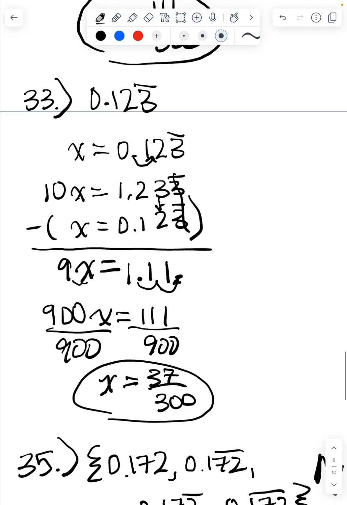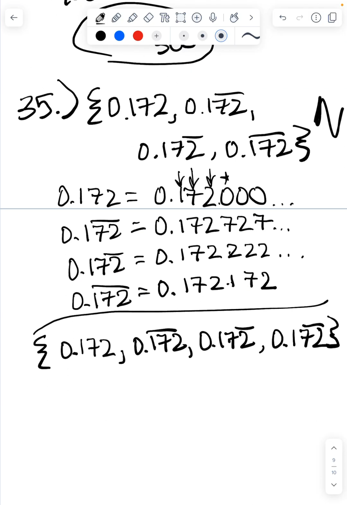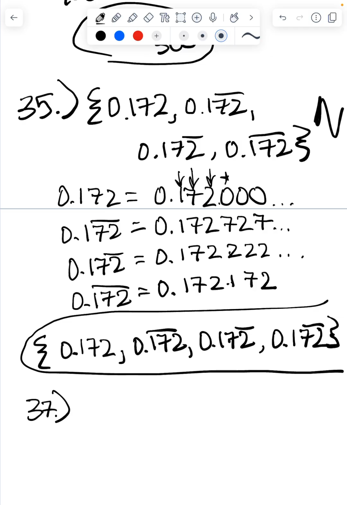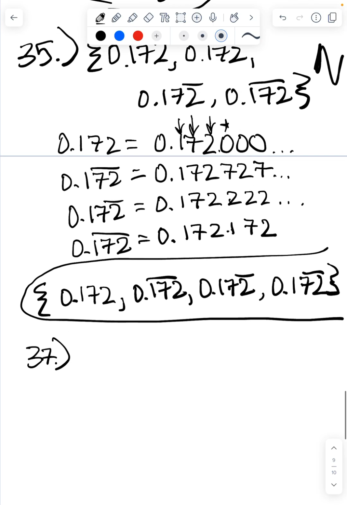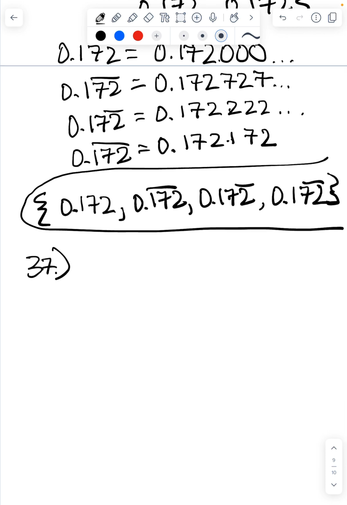Number 37. Okay, instead of rewriting the original here right from the book, I'm just going to go right into expanding them.